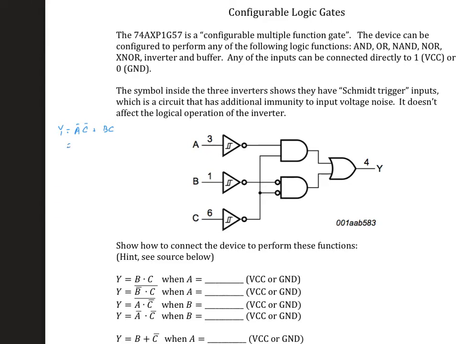Of course, A bar C bar is the same thing as ANDing this with B or B bar, C bar, and then we have A or A bar ANDed with BC. So we could write this as A bar B C bar, or A bar B bar C bar, or A B C, or A bar B C.